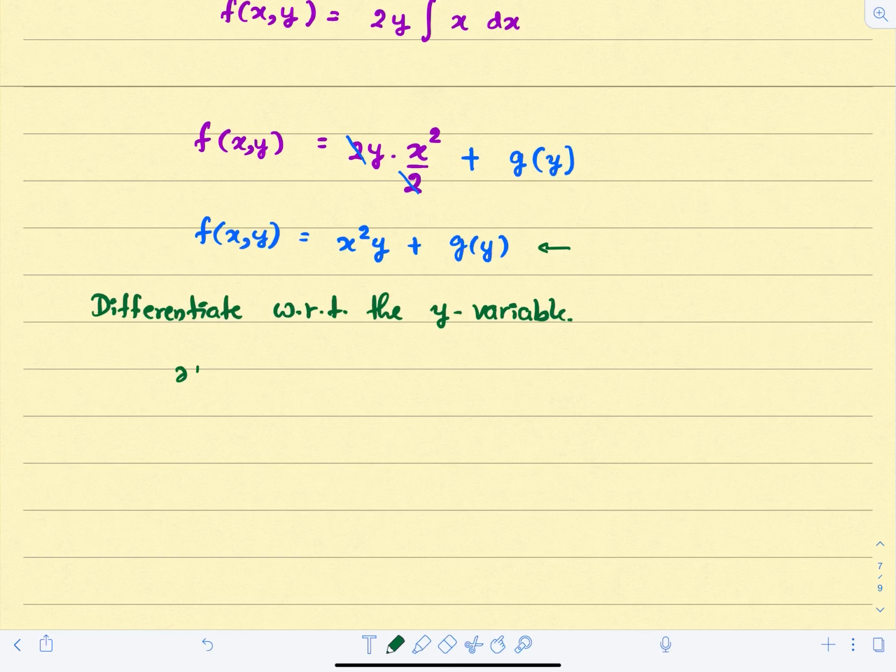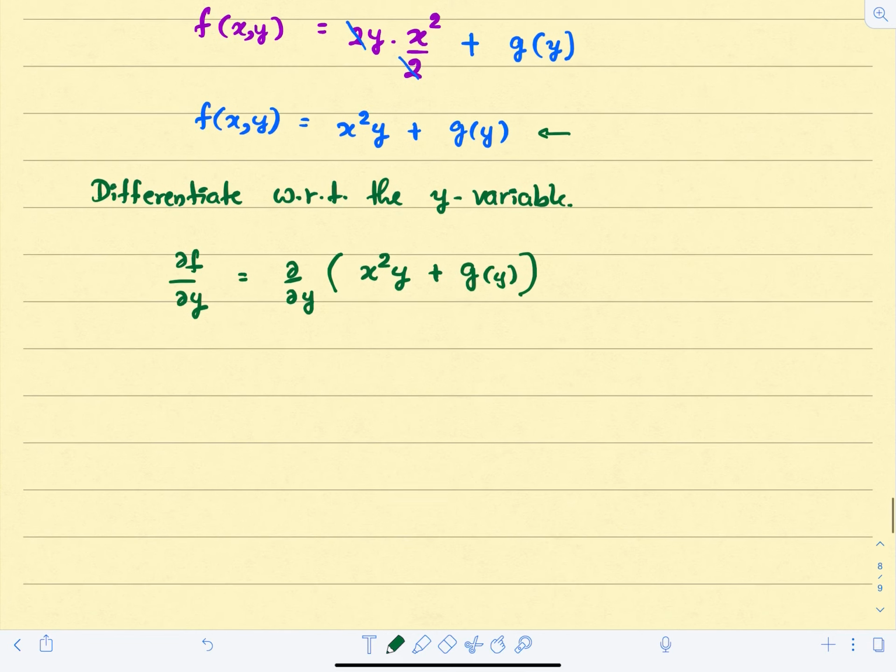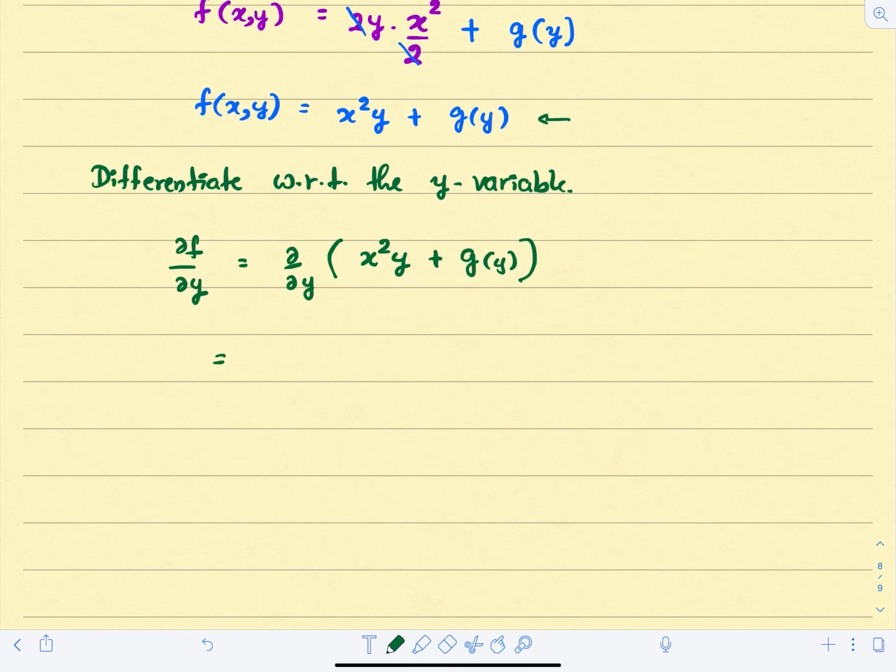So on the right hand side we have partial f over partial y, which equals partial over partial y of x squared y plus g of y. The derivative of a sum equals the sum of the derivatives. The derivative of x squared y with respect to y becomes x squared times 1, plus the derivative of g with respect to y, which is g prime, or if you want, dg over dy.